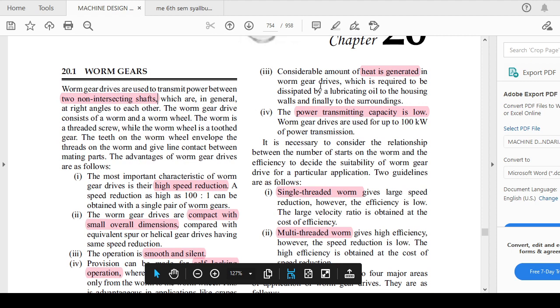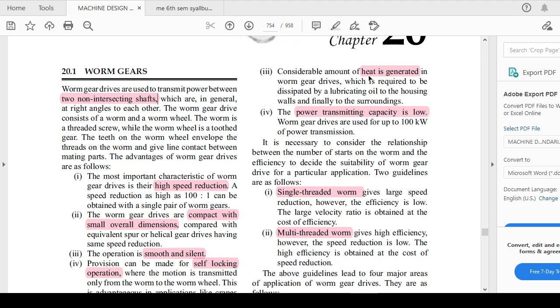It also generates a huge amount of heat, which is required to be dissipated by lubricating oil, so there should be a provision in the housing walls so that the heat generated is properly dissipated. The power transmitting capacity is also very low, up to 100 kilowatt.